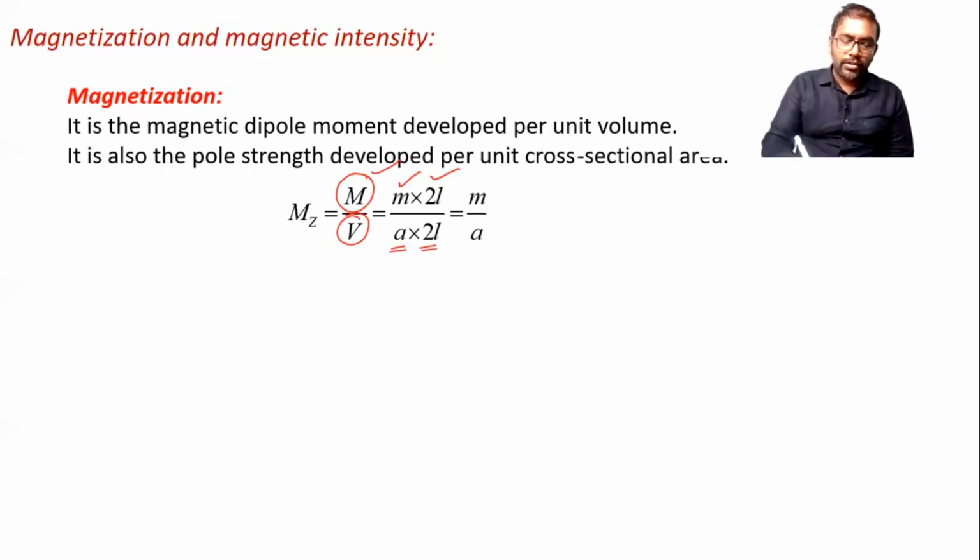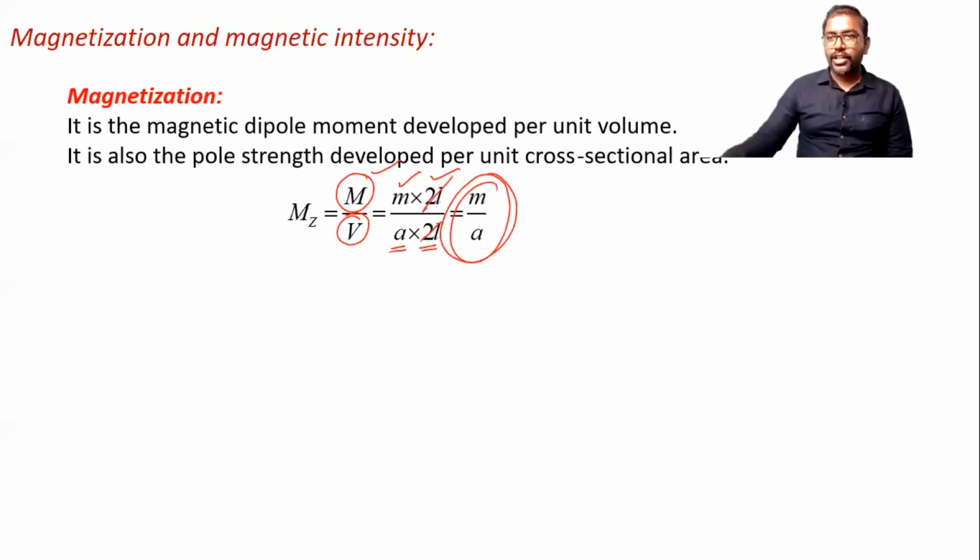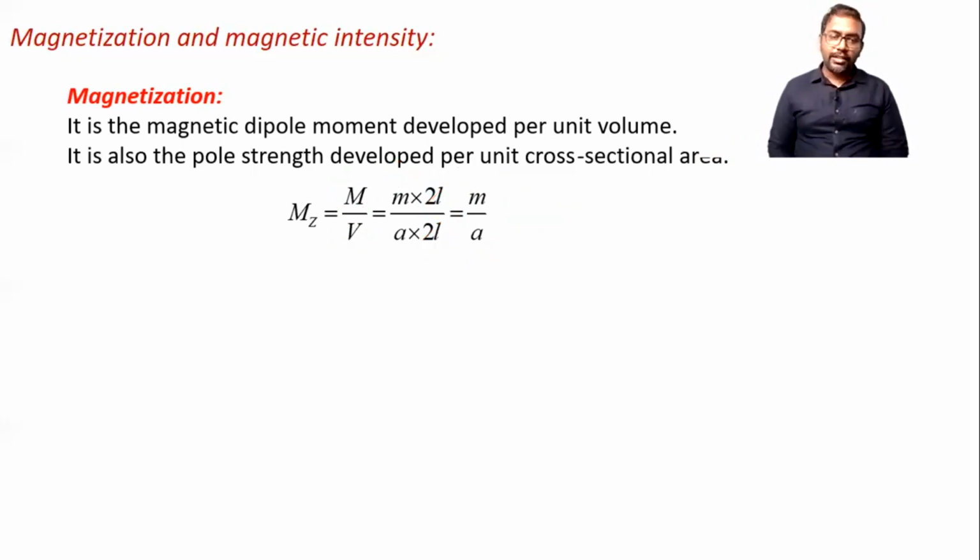So this 2l gets cancelled, and we get the formula m by a. This small m is the pole strength and a is the cross-sectional area. So the division of these two is also magnetization. In the examination, a question is already asked: define magnetization.